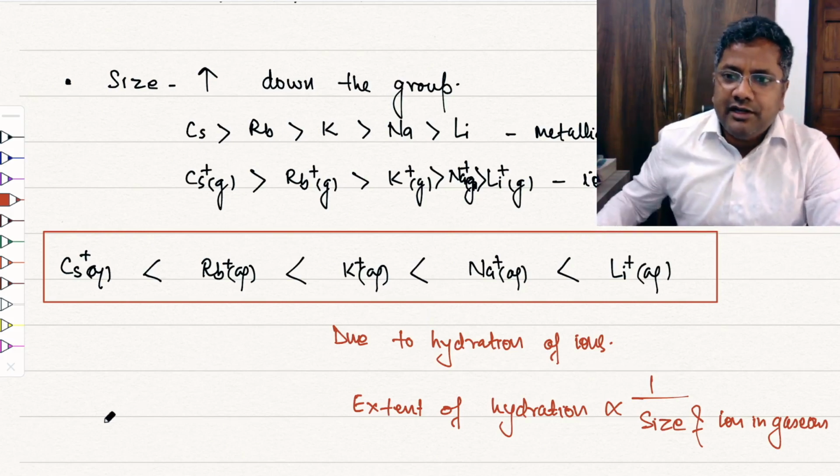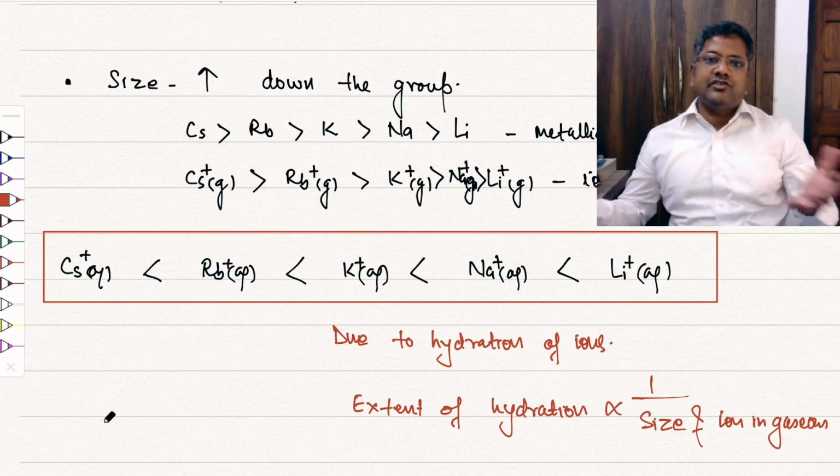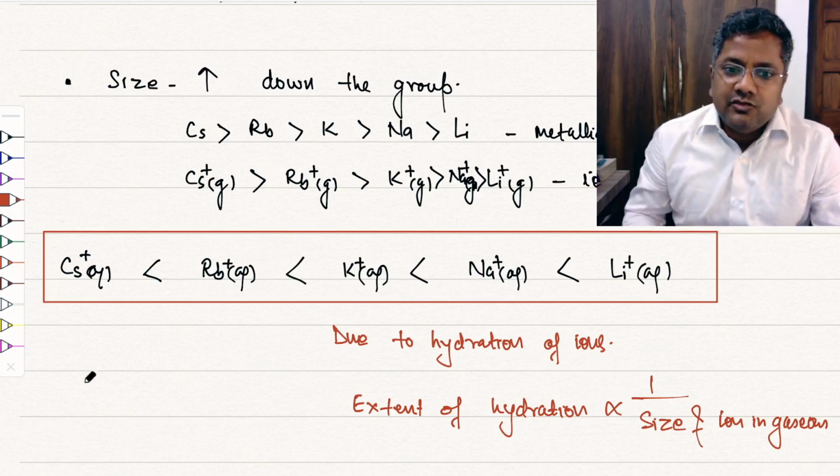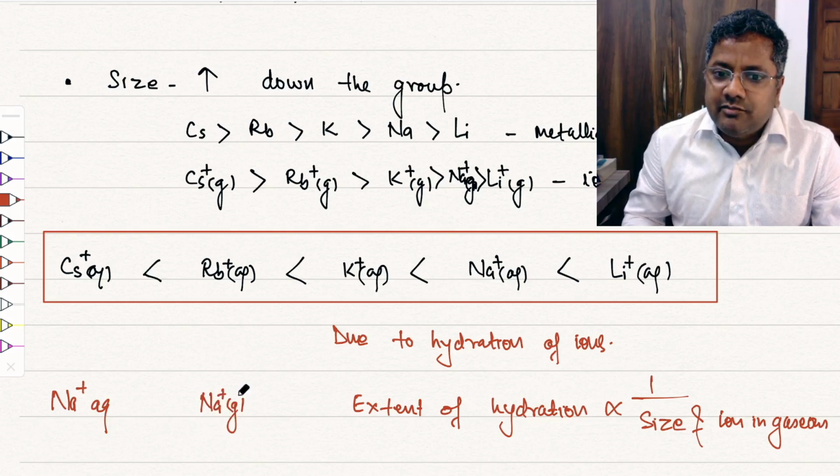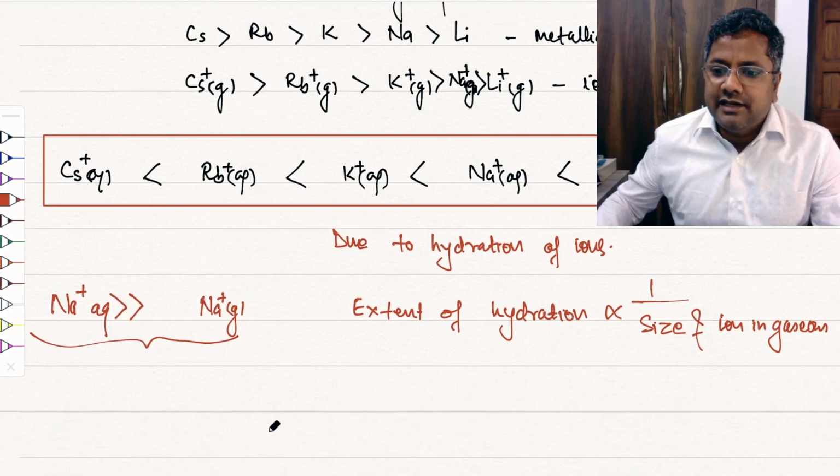So if at some point of time it is asked which ion is more stable, suppose we compare Na plus aqueous and Na plus gaseous. Remember, Na plus aqueous is much more stable than Na plus gaseous.